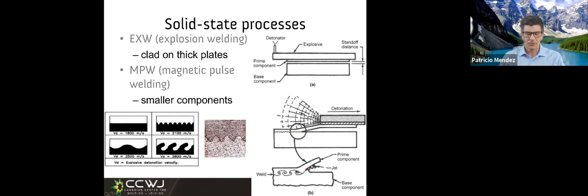And other thing that happens is as the flyer is being pushed against the base plate, it creates a jet that expels impurities. And this process is not very well understood, but there is something cool. There are some theories that say you have a jet of molten metal coming out here.